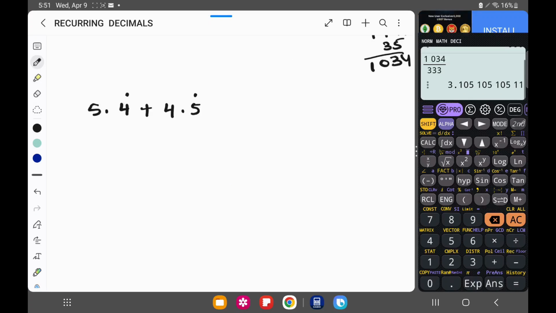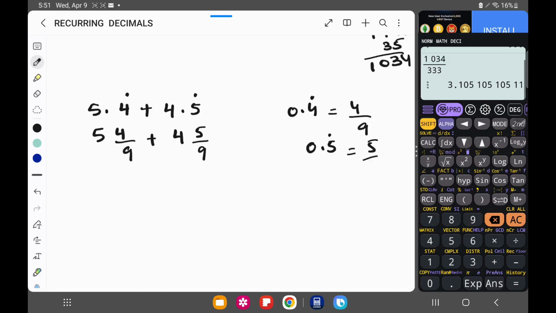The last example: 5.4444 plus 4.555, which are recurring decimals. That is 5 whole 4 over 9 plus 4 whole 5 over 9, as we know 0.444 means 4 over 9 and 0.555 means 5 over 9.